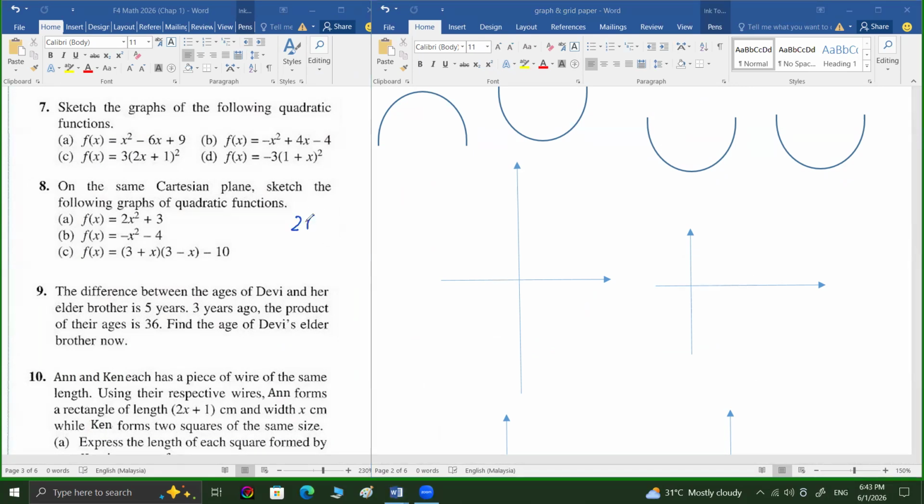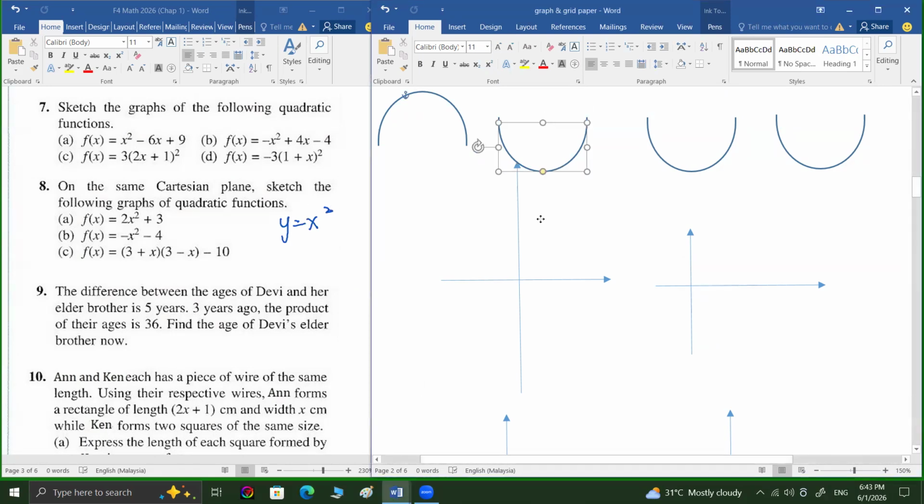Here, I can't factorize already, right? You see? Cannot factorize, right? So we come back to the normal one first. If I make it y is x squared, just x squared, means the y-intercept is 0. And this is y equal to x squared.